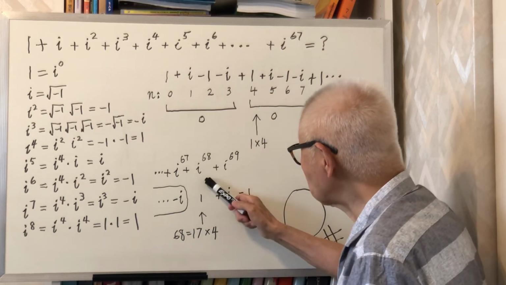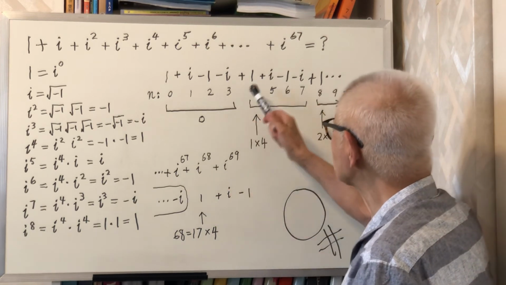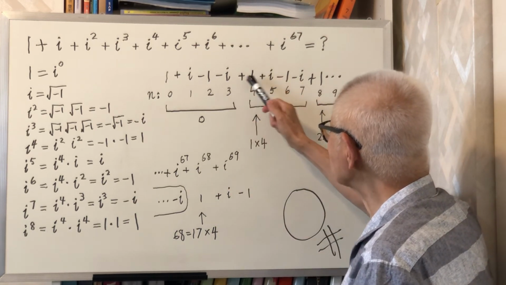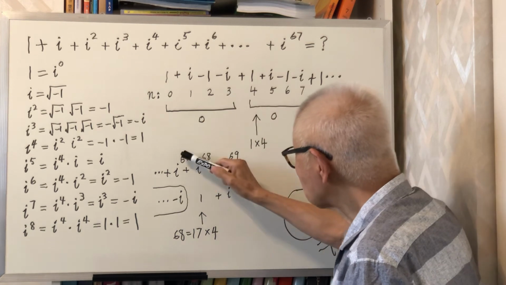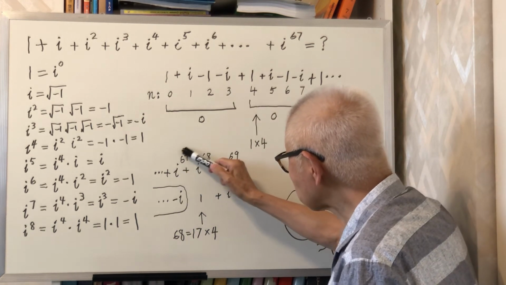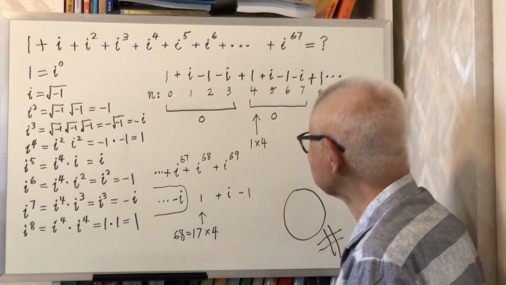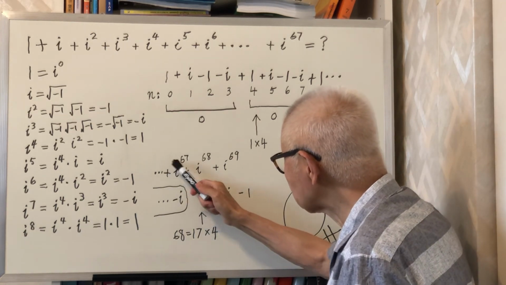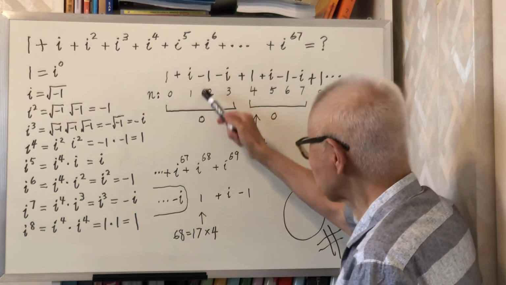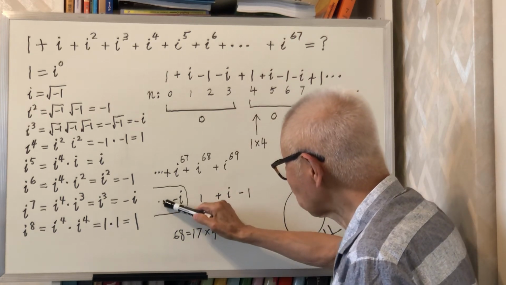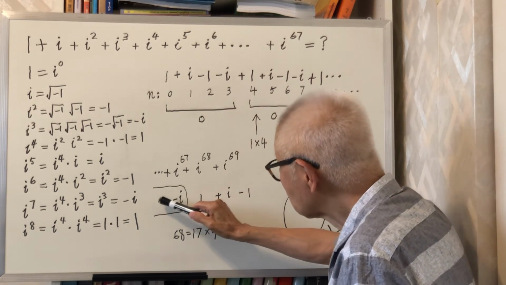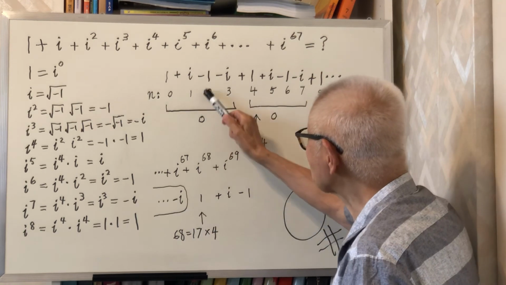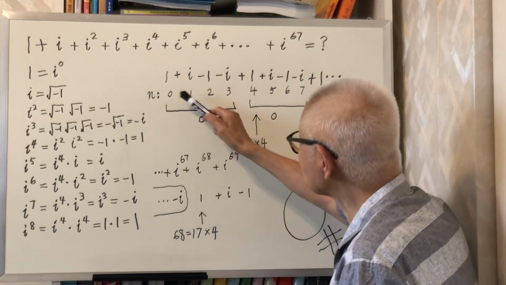What is the value before 1? Before 1 is negative i. So i to the power 67 should be negative i. Then if you go one more before that, it should be negative 1. So this is negative 1. And then go back, so it should be i and should be 1.